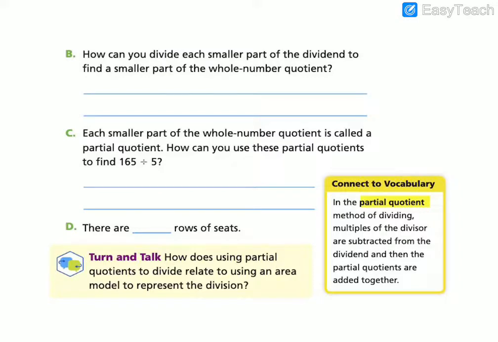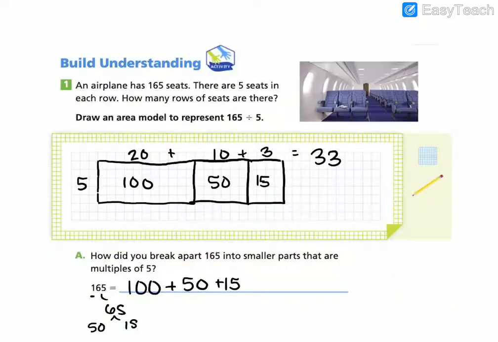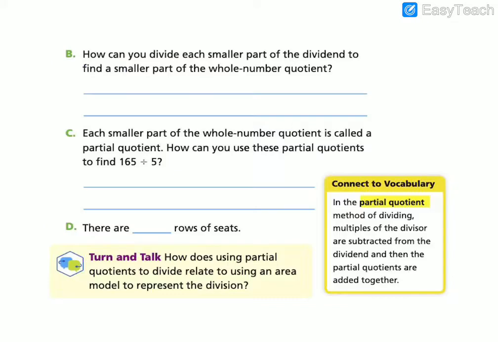How can you divide each smaller part of the dividend to find a smaller part of the whole number quotient? What this question is asking us is basically, what did we do here? What were the equations that we used, right? Think back to when we were working on distributive property. What were the equations we used when we divided the smaller parts of the dividends to find the smaller parts of the whole number quotients, right?